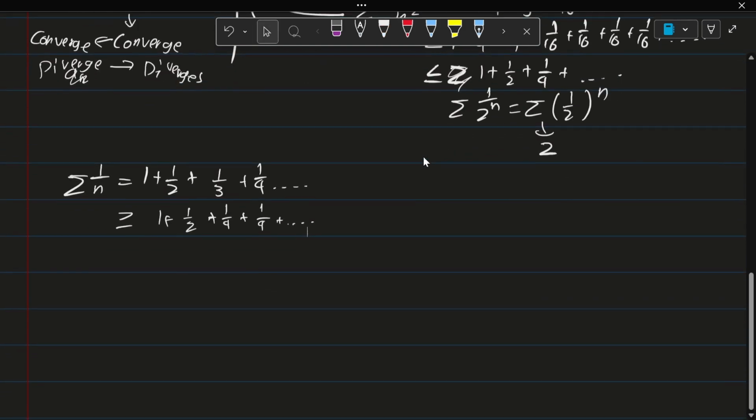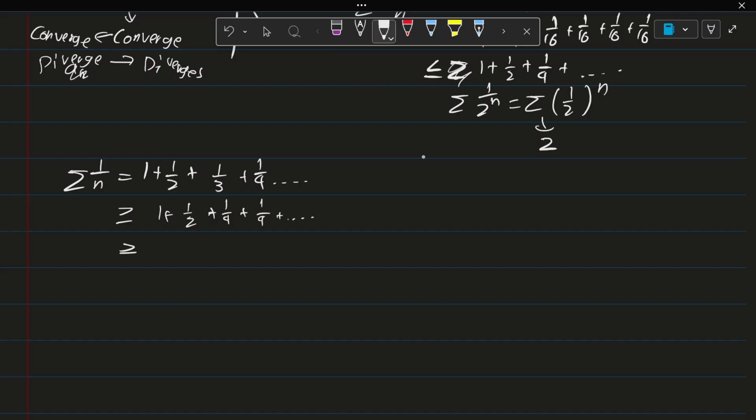What you could conclude from here is that if you sum them up, you could get 1 plus half from 2 times 1 over 4, plus another half, which comes from 8 times 1 over 16, and so on.